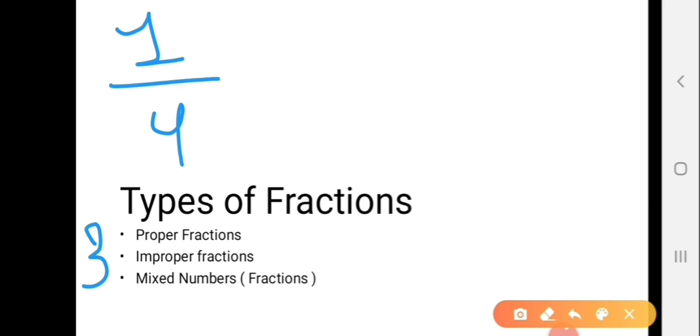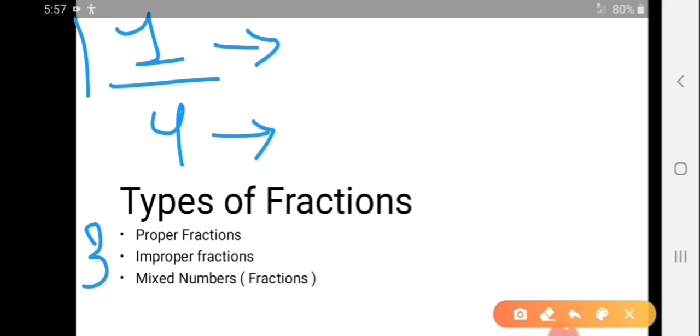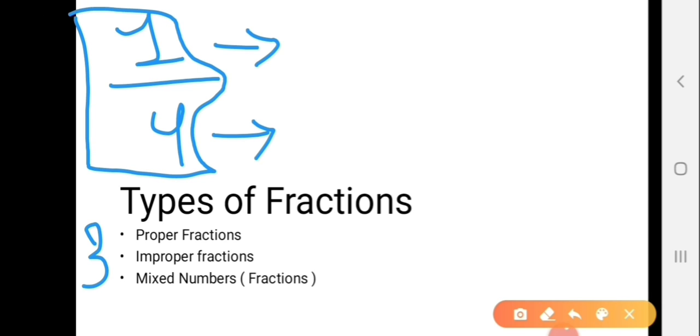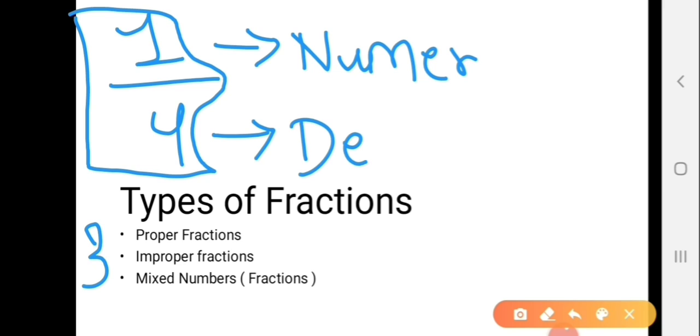First, to learn about them, we have to understand what a fraction is. You know that a fraction is a part of a whole, and you also know how a fraction is written. The upper number is the numerator and the lower number is the denominator.